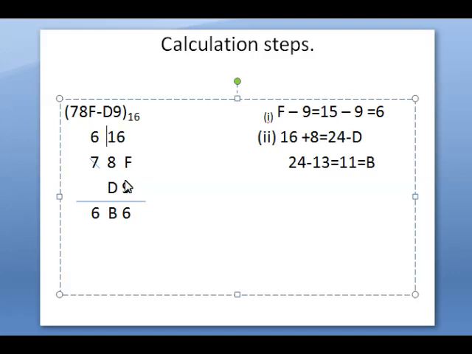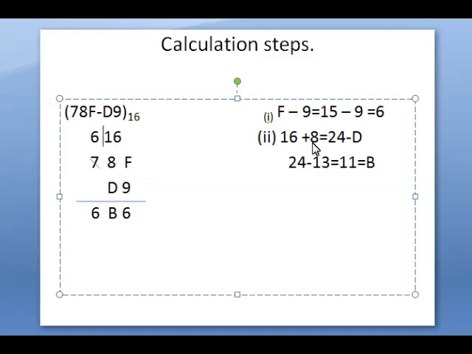It will be like this. So 16 plus 8 equal to 24. Now it will become 24 minus D. From 7 we borrowed a number, so it became 16. Then 16 plus 8 is 24. D means 13.